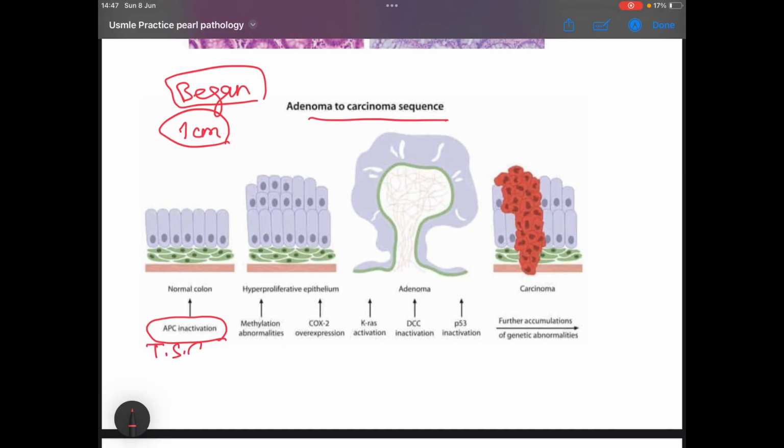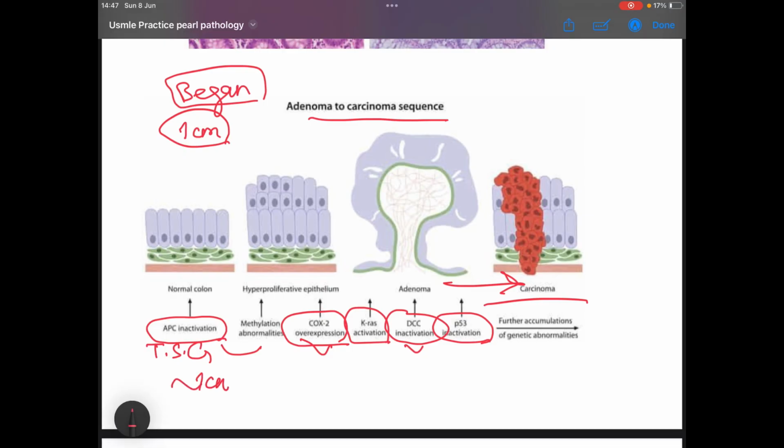It is a tumor suppressor gene, okay? After that, due to COX-2 overexpression, KRAS activation, DCC inactivation, and P53 inactivation, the adenoma converts into carcinoma. But for this patient, the lesion is very small, and secondly, the starting phase is a tubular adenoma, so the most commonly responsible gene is APC inactivation.